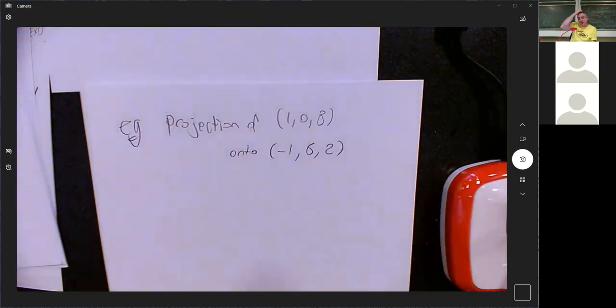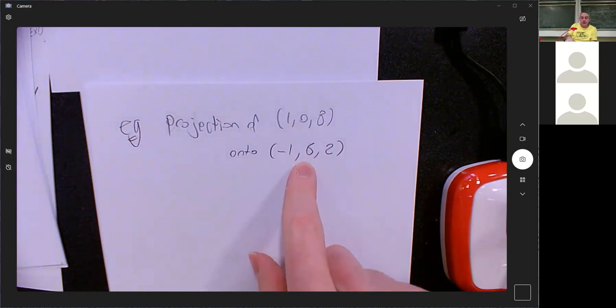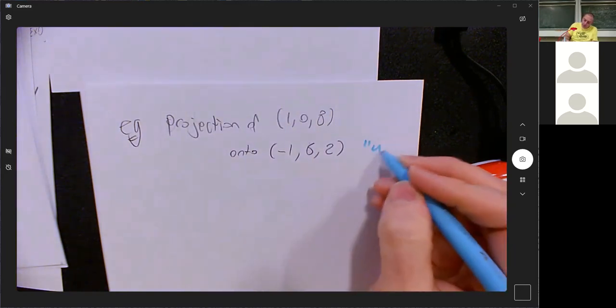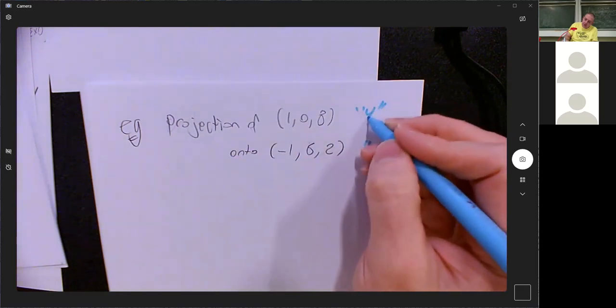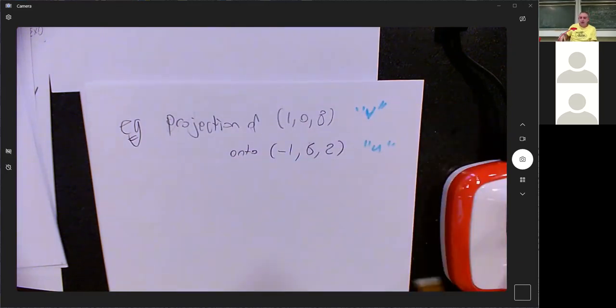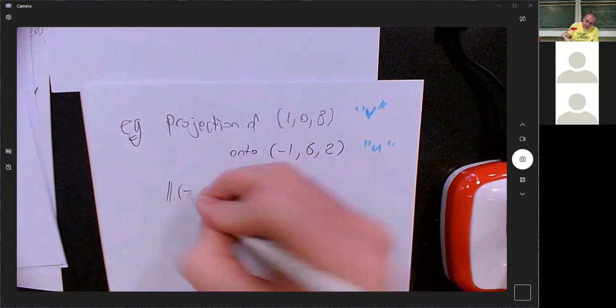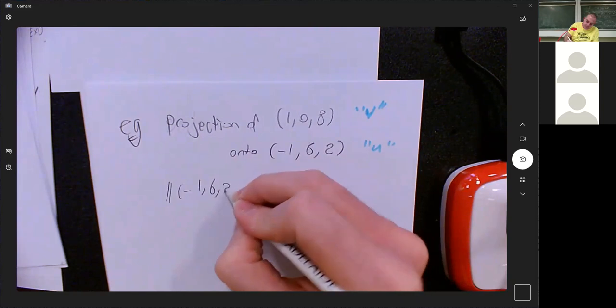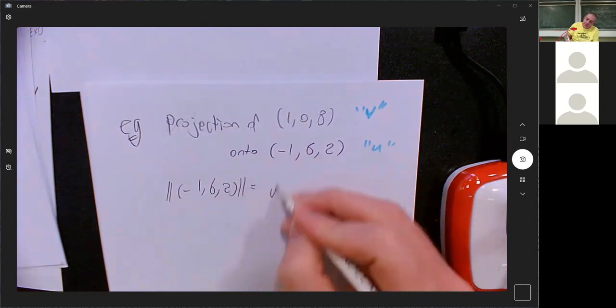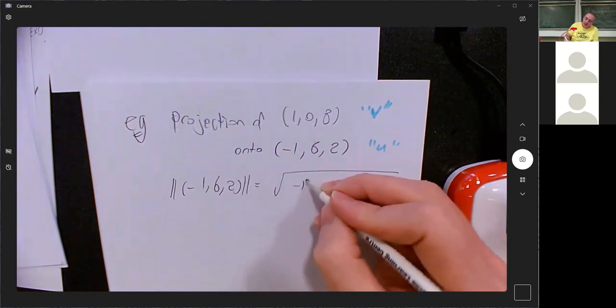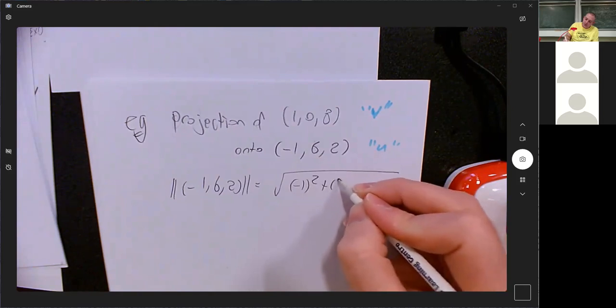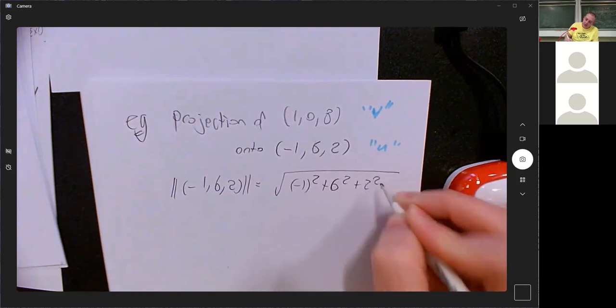So first I need to find the length of this, because that's the one I'm going onto. So in my head this is the u, and this is the v in the formula. I need to find how long this is. And when you find the length of any vector, it'll be the square of all of the coordinates added up and then square rooted.